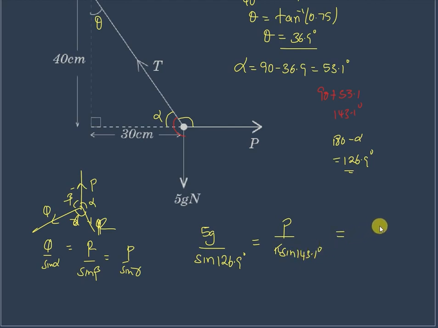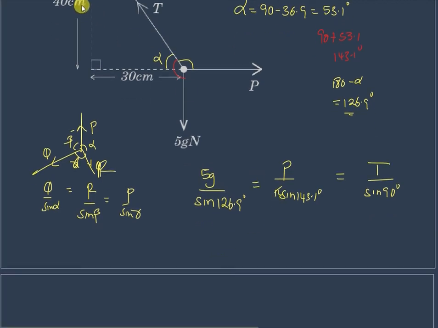It is equal to T divided by the sine. Actually, it is opposite an angle of 90 degrees, so we can have just that. Then we can equate any two of them and get the value of P.